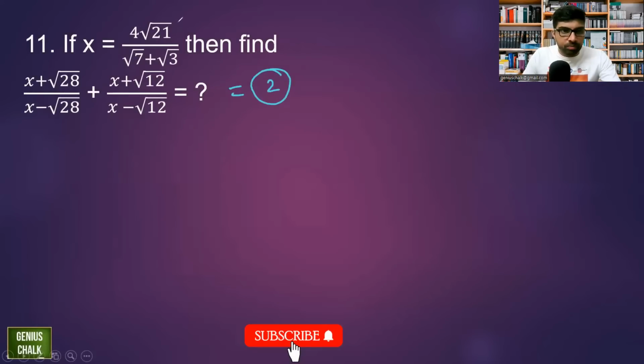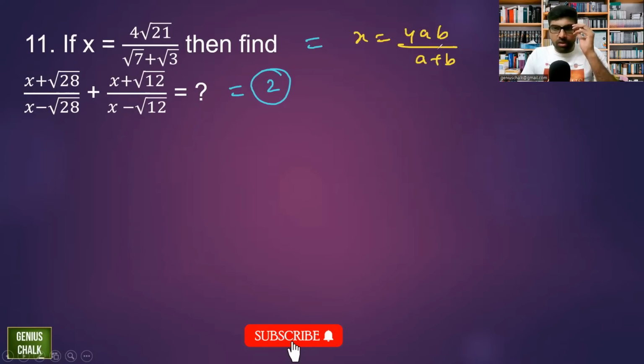How? Let's see. Can you write this 421 like this? You can see this is the same form. x is equal to 4ab upon a plus b form, right? And if this form is there, then x by 2a, I will write 2b upon a plus b, right?